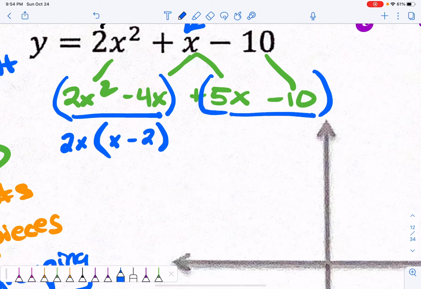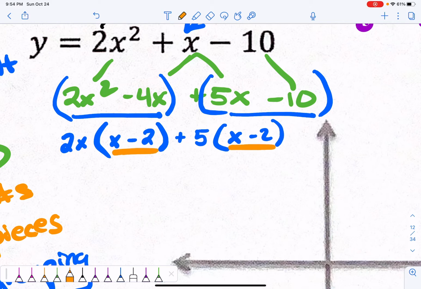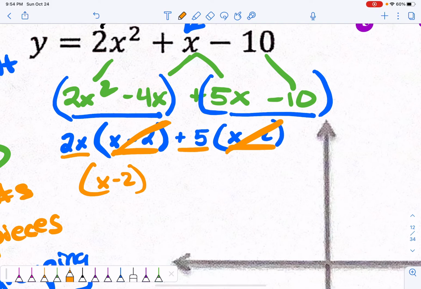And if I take, let's see, I want to take a 5 out of there, and left over is x minus 2, okay? And at this point, I always say, you know you did it right, because this piece and this piece will end up being exactly the same. Okay, so x minus 2, I pull it out of there, but I only write it down once. And then left over is 2x plus 5.